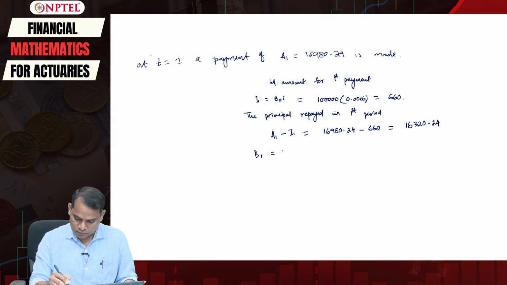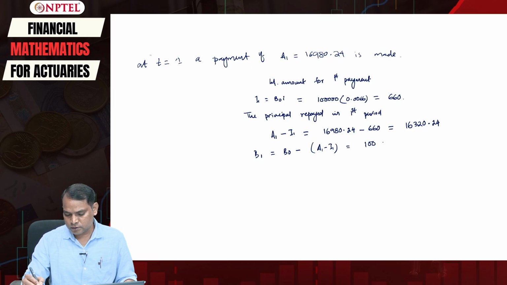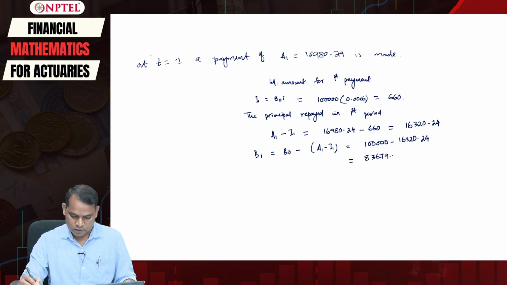From this, now we can compute the outstanding balance at the end of the first period, that is B1 is equal to B0 minus this one, that is A1 minus I1. So simply we will have 1 lakh minus 16,320.24, which will give us a value, that is 83,679.76.